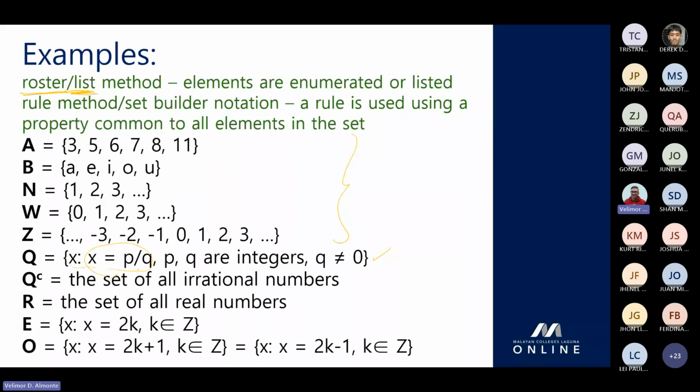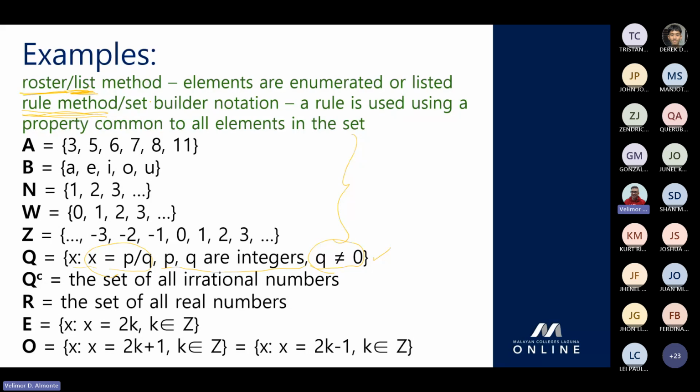Well, in fraction form, p over q. Where do we get p and q? From the set of integers. Is division by zero allowed? No. So q is not equal to 0. That is in rule method. So two ways of writing sets: list method or rule method.